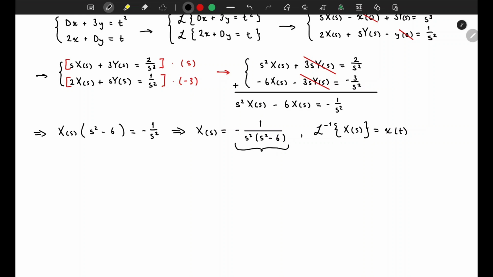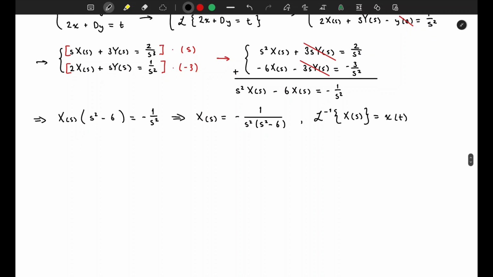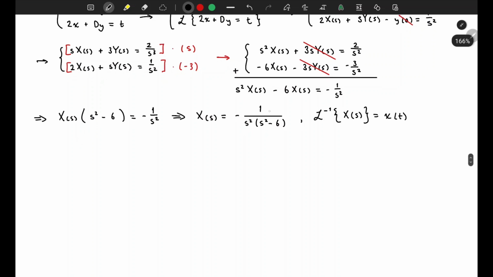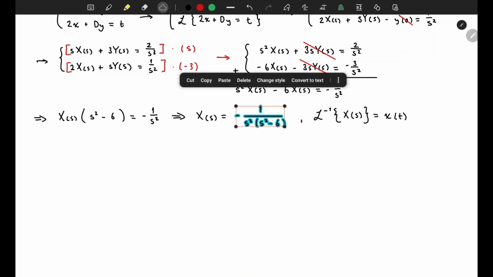Now we're going to have to do either a partial fraction decomposition or something along those lines using one of the theorems, but I believe if we just do partial fraction decomposition, as I believe it was intended, we'll see shortly that it's pretty quick. So if we want to find the Laplace inverse of this, we're going to do partial fraction decomposition. So let's go ahead and do partial fraction decomp.